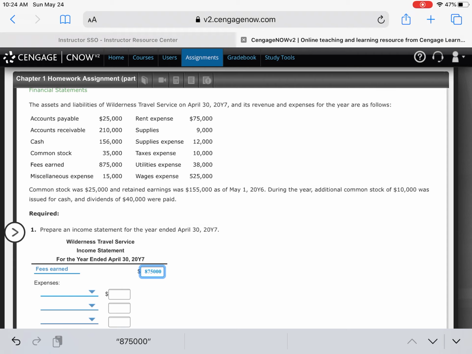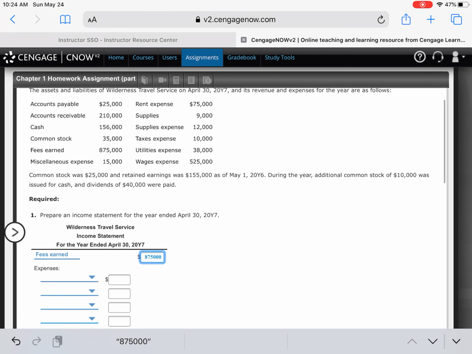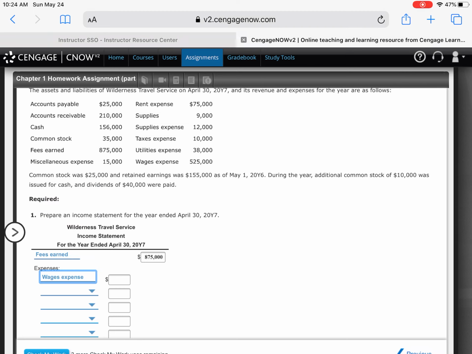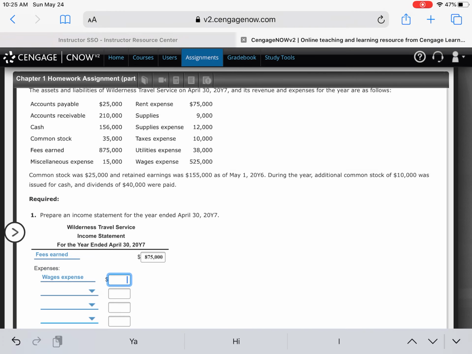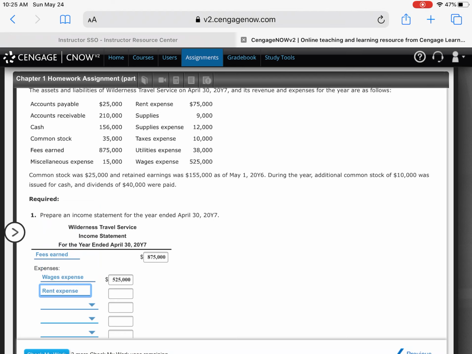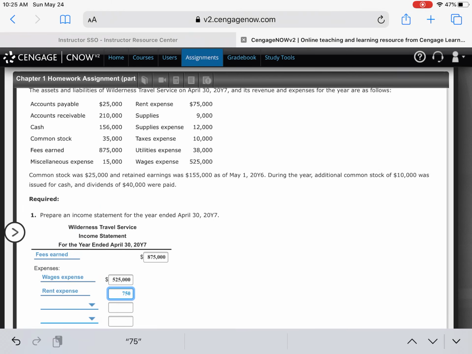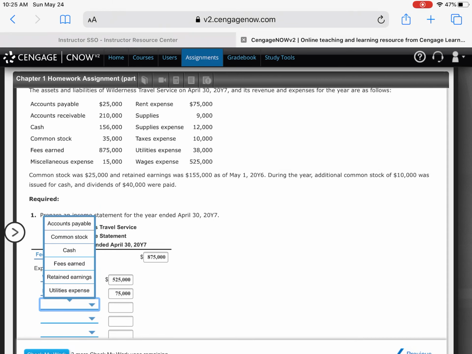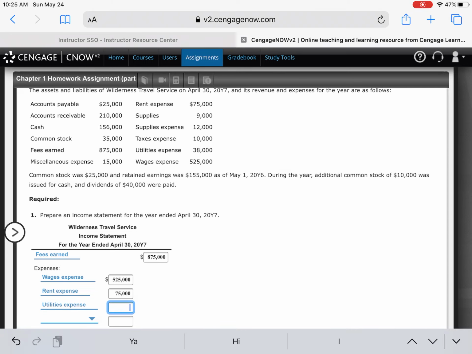Our expenses, anything that ends in the word expense, is therefore an expense. And we always list our expenses in order of greatest to least, with miscellaneous expense coming last. So when we're looking at the expenses that we have here, our most expensive expense is our wages expense for $525,000, followed by our rent expense at $75,000, then our utilities expense at $38,000.